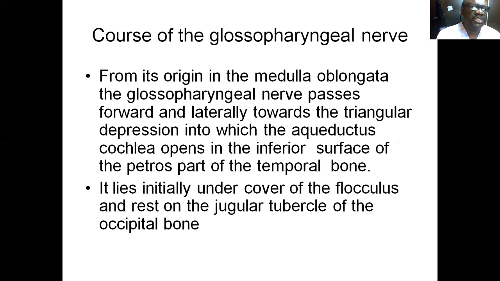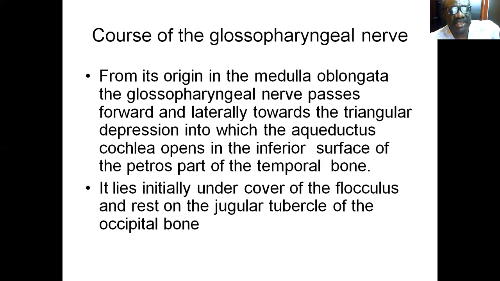From its origin, and now I am talking about the course of the glossopharyngeal nerve, and you must know the course. From its origin in the medulla oblongata, the glossopharyngeal nerve passes forward and laterally towards the triangular depression into which the aqueduct of the cochlea opens in the inferior surface of the petrous part of the temporal bone.